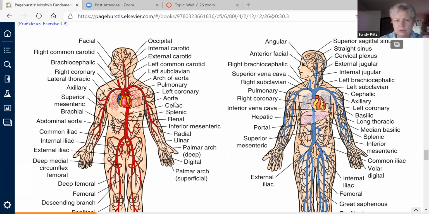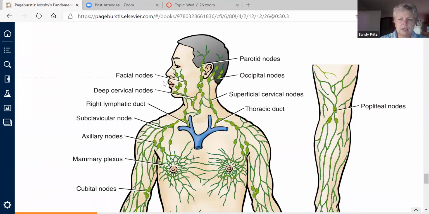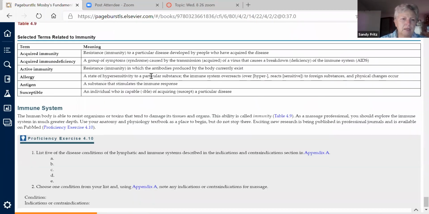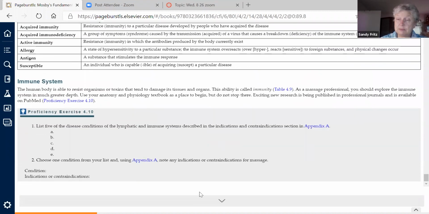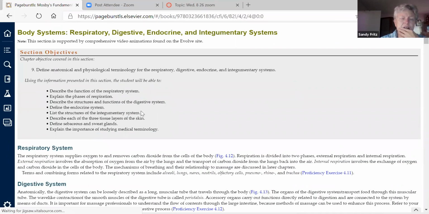So you don't want to apply excessive pressure where these nerves and vessels are located throughout the body. Lymph system, your immune system, how all the body systems work together. And then we have the last four. So this is organized a lot like the Essential Science book.